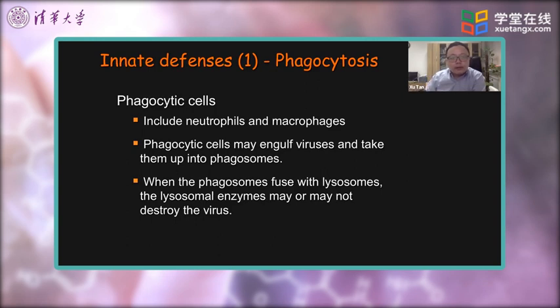They move around, they look for dirt, such as bacteria or viruses, and they suck up those foreign microbes. These cells include neutrophils as well as macrophages. They can engulf viruses and take them up into phagocytes.